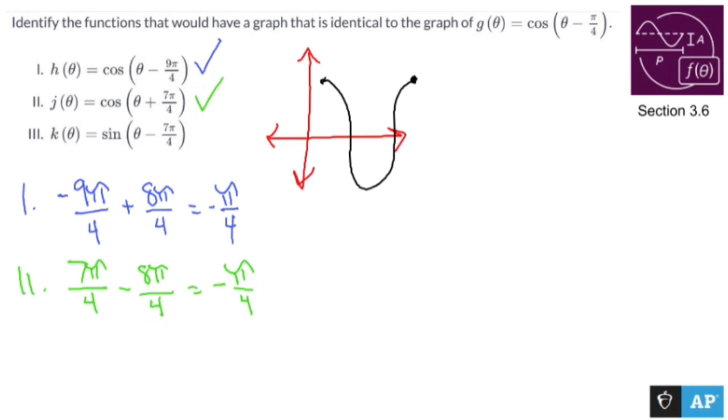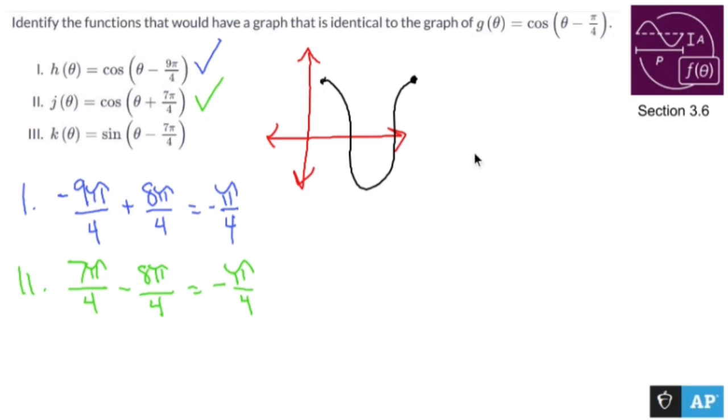Interesting. Now, this one's a little different. As you know, the difference between sine and cosine is that sine starts out at 0, 0, where cosine starts at negative 1. That is a difference of a shift of pi over 2.